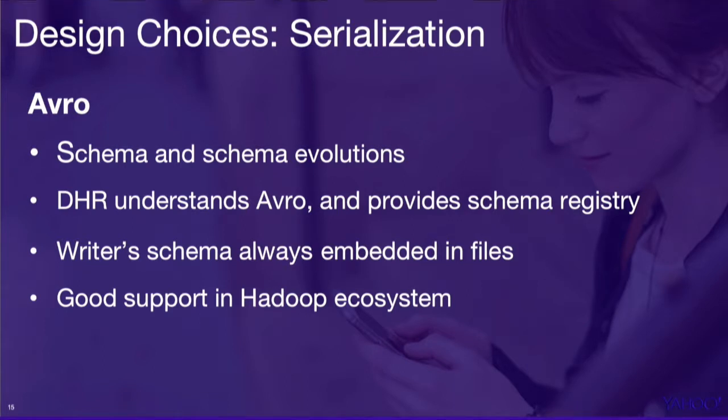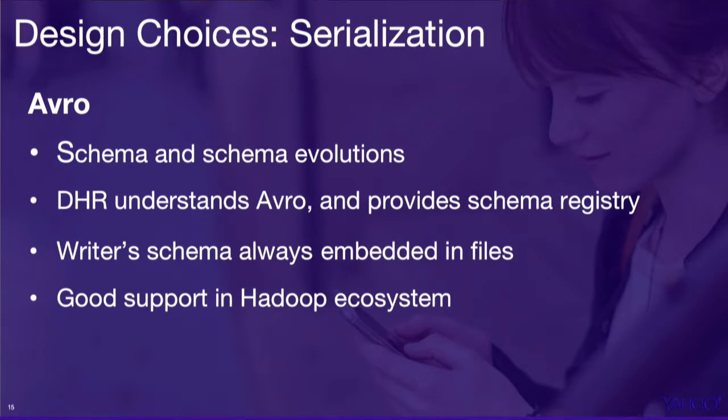Avro provided for a very graceful schema evolution. That basically meant as a data provider, we could evolve our schema independent of the consumers. As long as we maintain the compatibility of the schema, our consumers can continue to use their old schemas while consuming the data. And not having that lock step with consumers really made changing schema a very easy process.